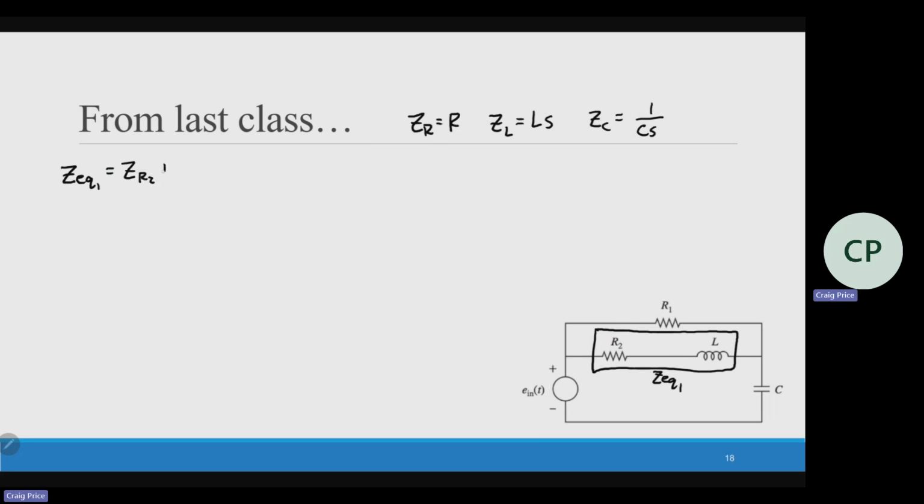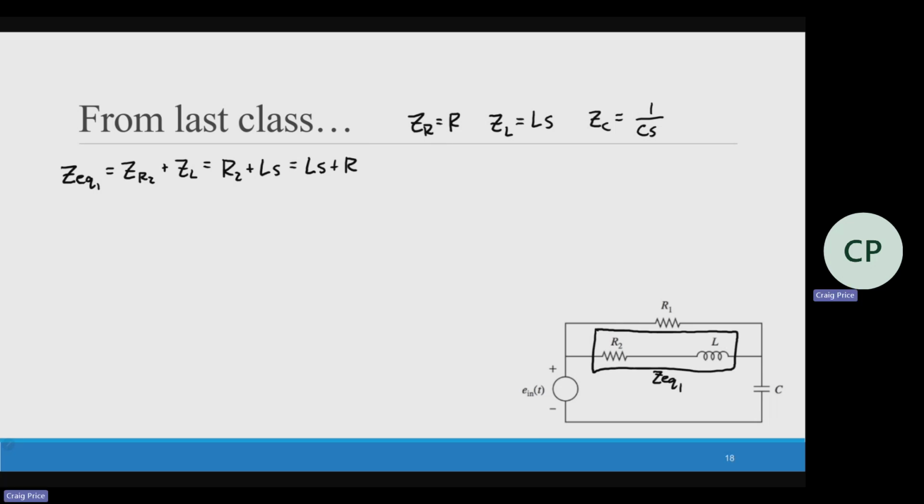So ZR2 plus ZL, that equals R2 plus LS. And really, I always like to put the higher order first. I like to put my S first, especially when I get to my transfer function. We should go from highest to lowest. So I'm just going to flip that around. So Z equivalent 1 is equal to LS plus R.